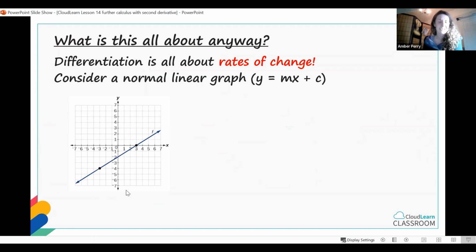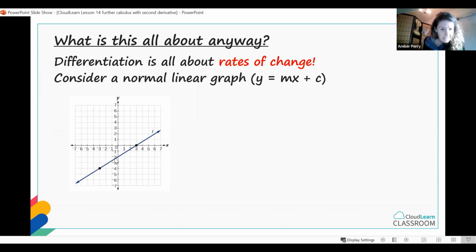A few weeks ago, we learned how to find the equation of this graph, or of a graph like this. And we could do that right here. I can see instantly that my value of c is going to be -2 because it's there on the graph. I can also work out the gradient: it goes along one and up one. Oh, no, it goes along one and I think up by 3/4.